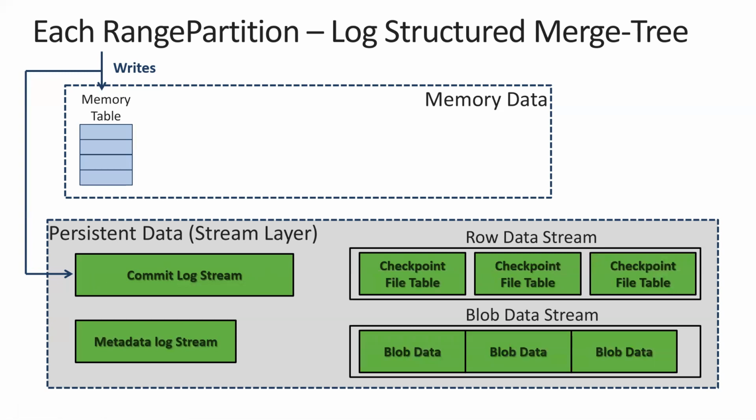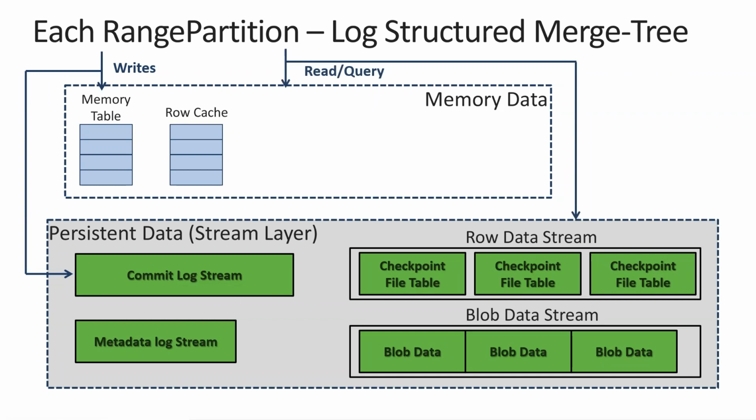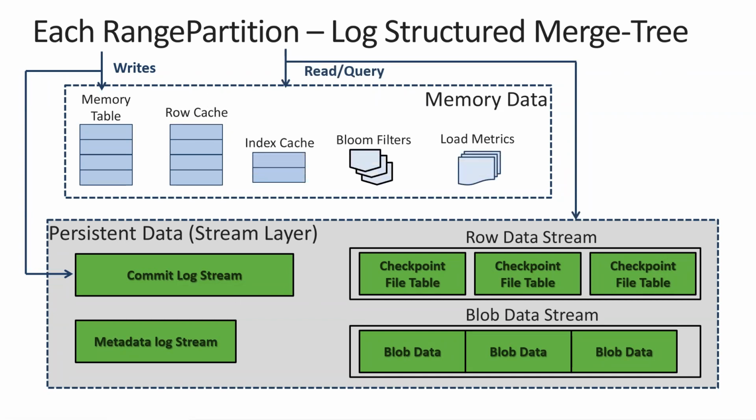And then this commit log stream is frequently checkpointed and stored in this checkpoint file table. And then this data is cached, and on this data an index is maintained. So there is this index cache, there are Bloom filters, and then there are load metrics.